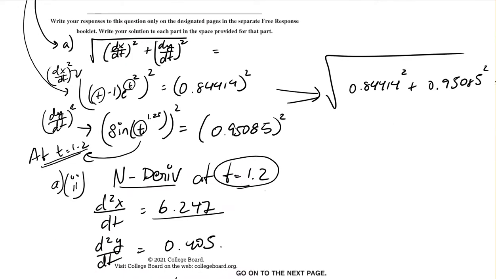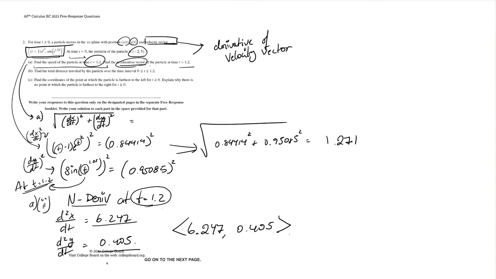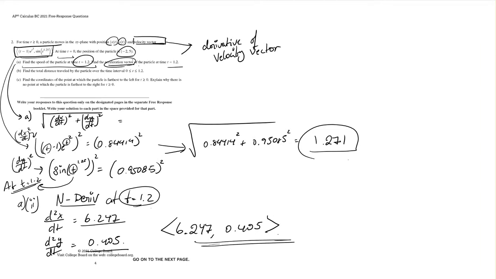Then make sure you write it in the proper acceleration vector form. So this is part A, and you get 1 point for speed and 1 point for acceleration. So it's pretty good. I'm hoping that's what we get points for.